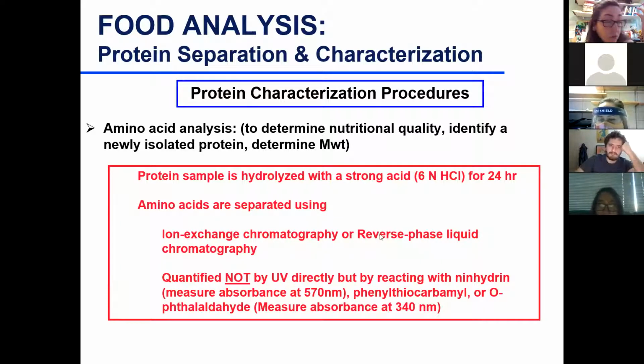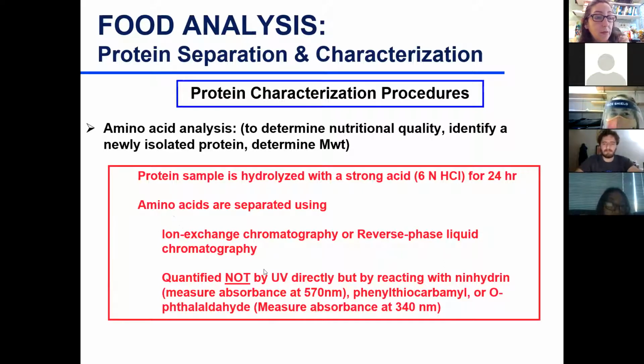So in order to be able to quantitate them and have a signal using UV detection or fluorescence detection, we react them with a reagent to give them a chromophore, to become a chromophore that absorbs light or a chromophore that can also fluoresce. So we can either react them with ninhydrin.